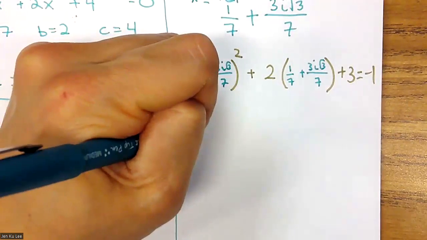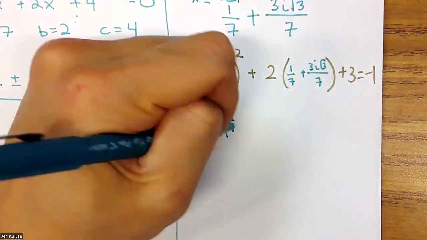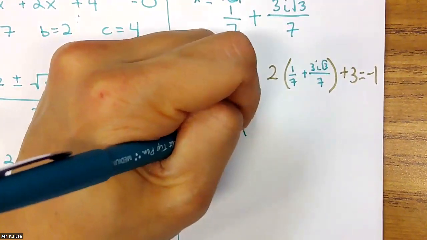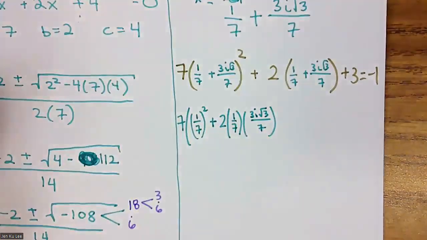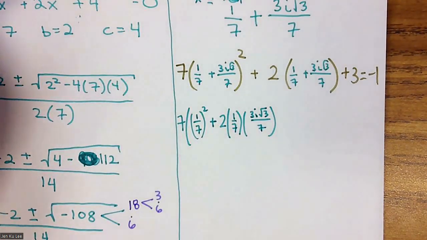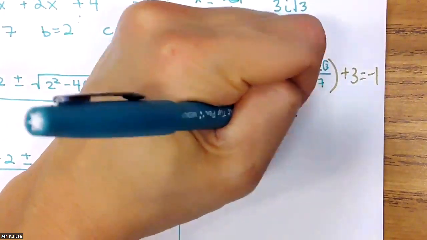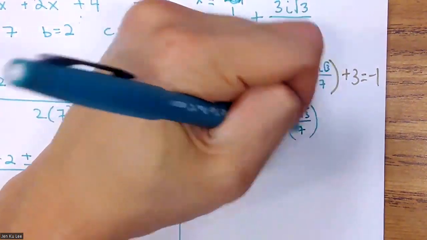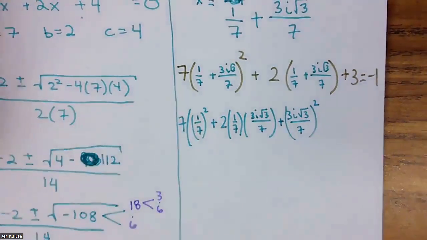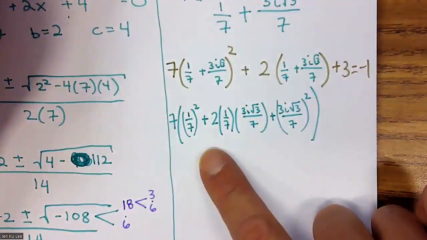It's a plus, so I'm adding 2 times the first term times the second term. Okay? And then I'm going to add the second term squared. That's it.